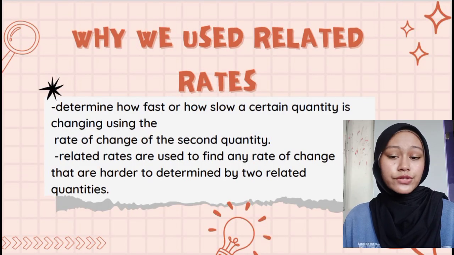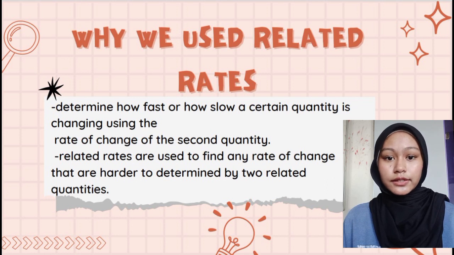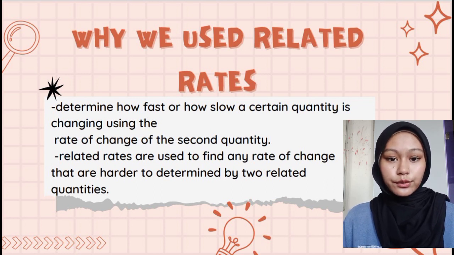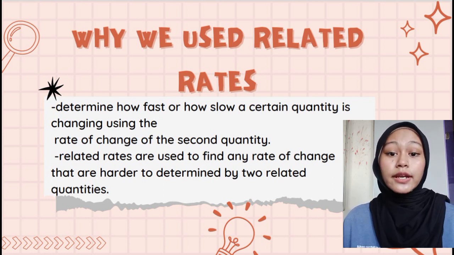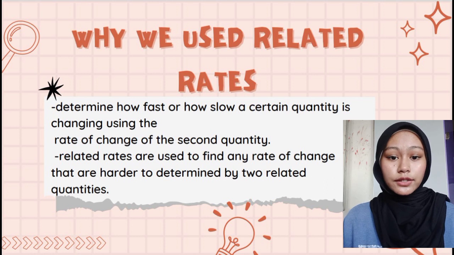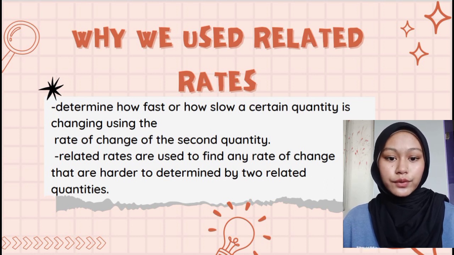Then, why do we use related rate? Problems involving related rate take advantage of quantities that are related to each other. Related rate helps to determine how fast or how slow a certain quantity is changing using the rate of the second quantity. Related rates are used to find any rate of change that is harder to determine directly from two related quantities.